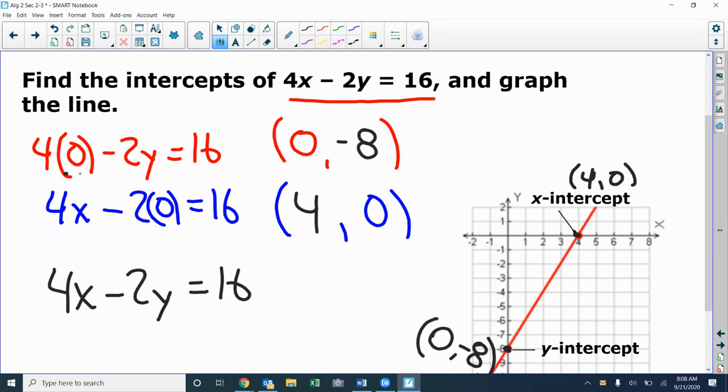Plug in 0 for x, get your y. Plug in 0 for y, and get your x. How we doing? Everybody okay? Algebra 1 stuff, huh?